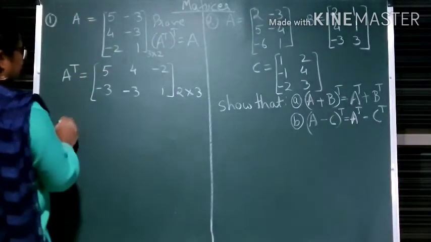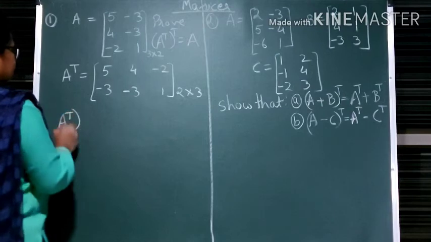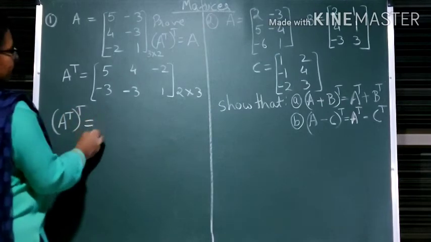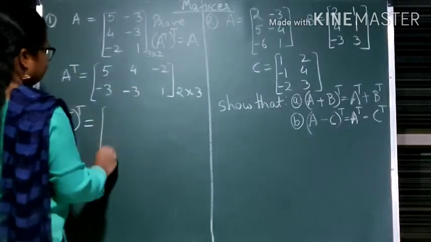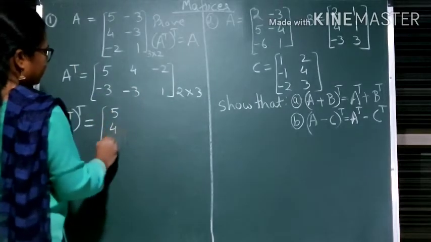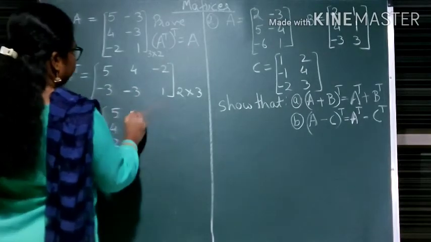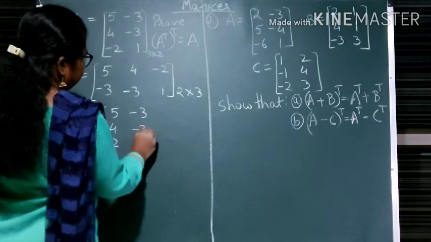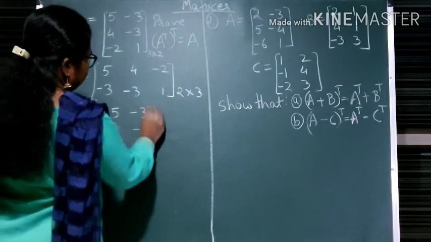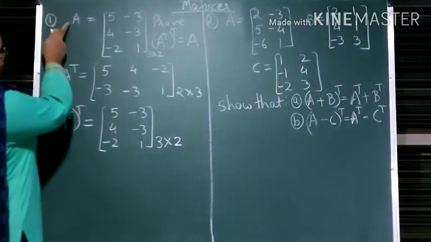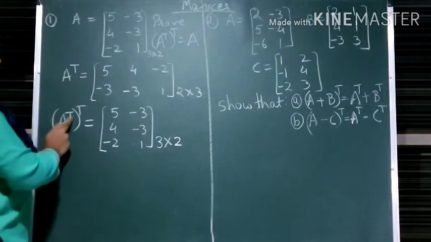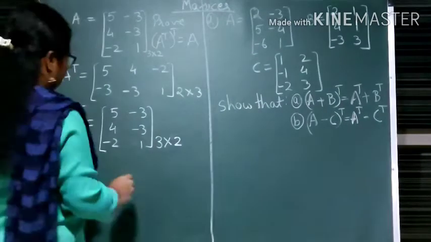Now we have to take again transpose of this matrix, the second time. So when we again take transpose, this row will become column. So 5, 4, minus 2. And second row will become second column. So minus 3, 1. So again the order is interchanged, it is 3 by 2, and here you can observe matrix A and A transpose of transpose are equal.